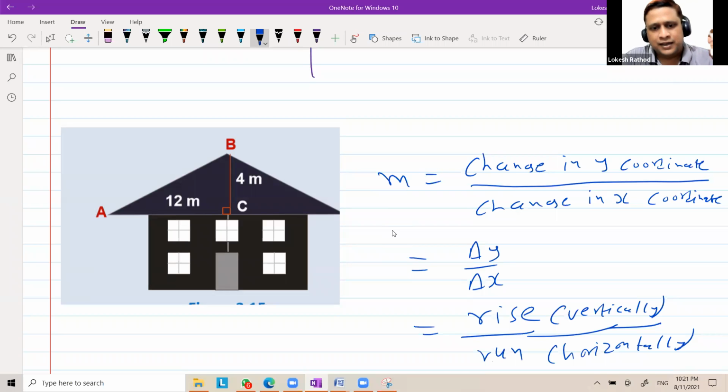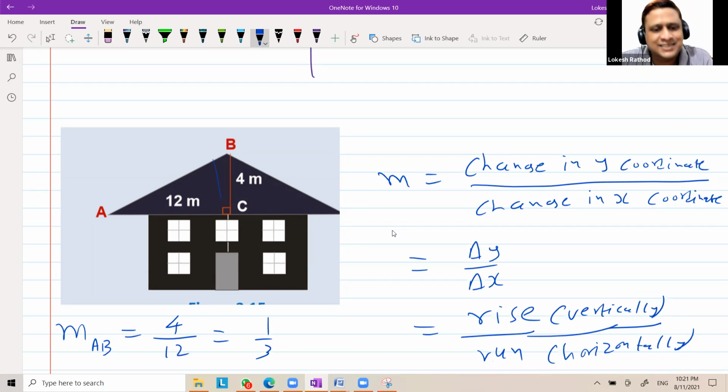It's 4. And how much does the line run horizontally? 12. So delta y here is 4, delta x is 12. So the slope of line AB, I write it like this: rise, that is 4, over run, that is 12. So slope is 4 over 12, 1 over 3.